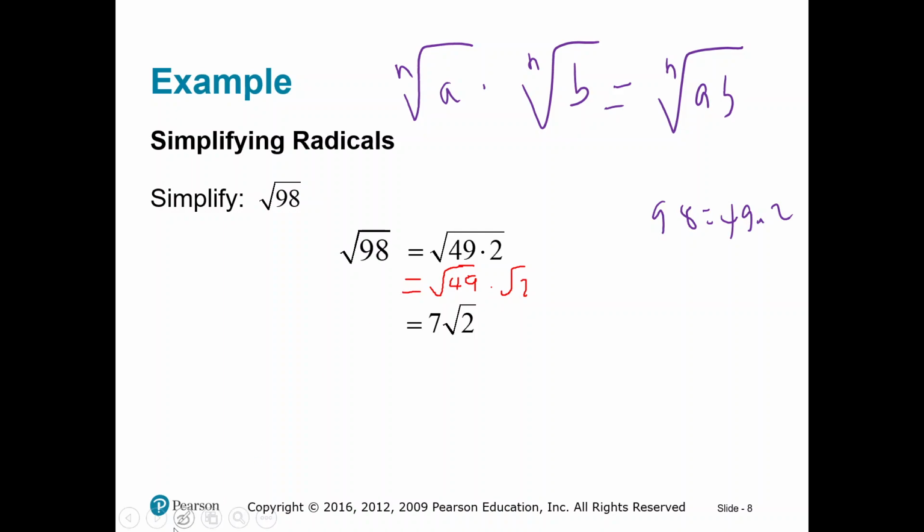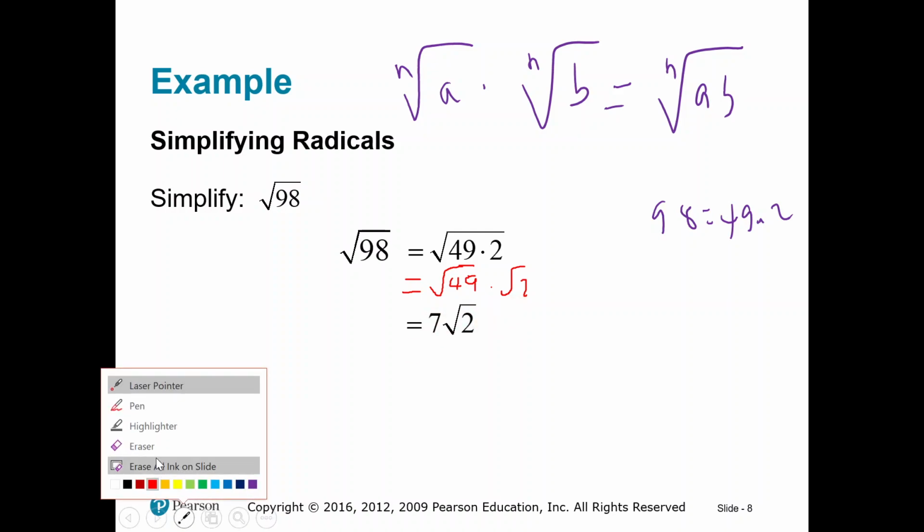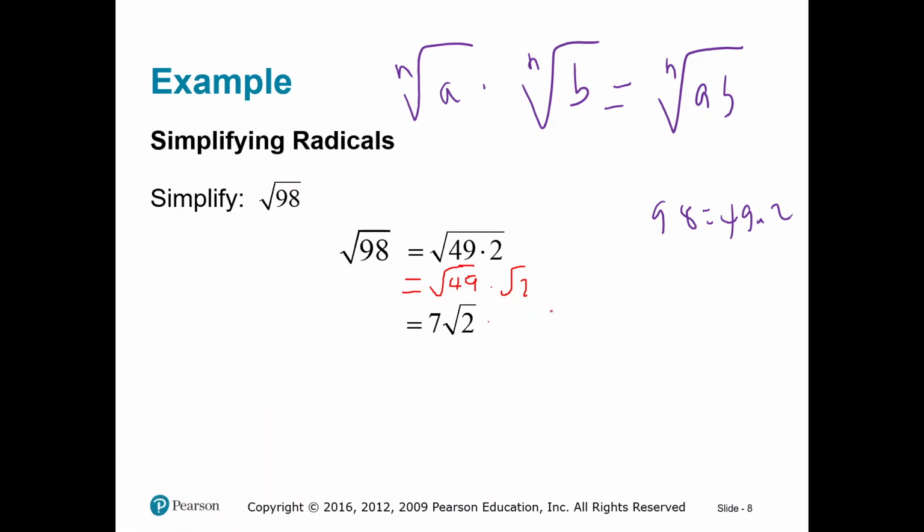And so the square root of 49 is 7. The square root of 2 stays the same. And so my answer is then 7 square root of 2. And so square root of 98 is 7 times square root of 2.